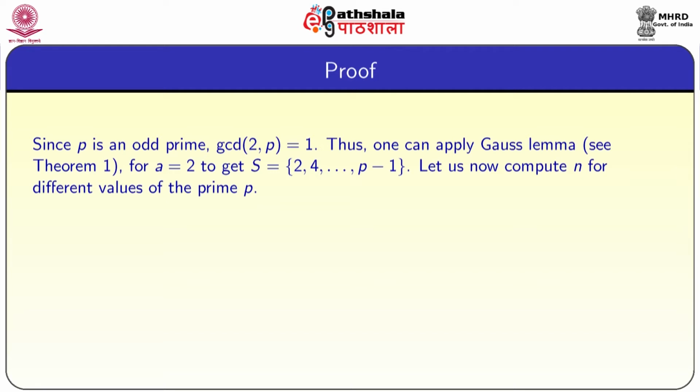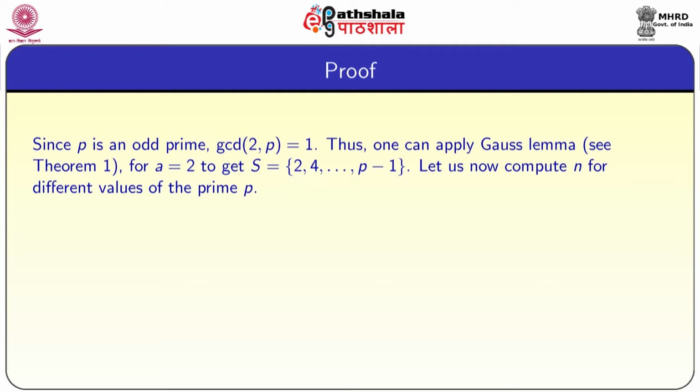Since p is an odd prime, GCD of 2 and p is 1, thus we can apply Gauss lemma. So, A is equal to 2, and we consider the set S equal to 2 into 1, 2 into 2 and so on, up to 2 into (p minus 1)/2. So, we get S equal to 2, 4, up to p minus 1.